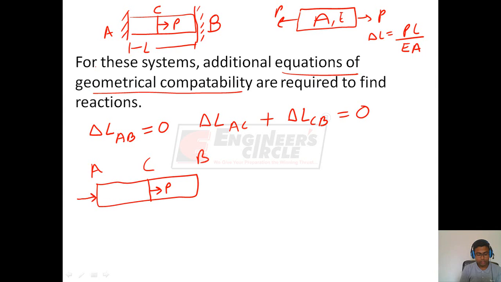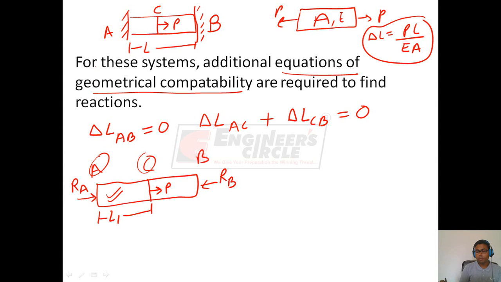The reaction at A will be RA and the reaction at B will be RB. To find the elongation of this bar AC, we see that the bar AC is of uniform area A and its length is say some L1. Therefore, the elongation of this bar will be given by this formula.